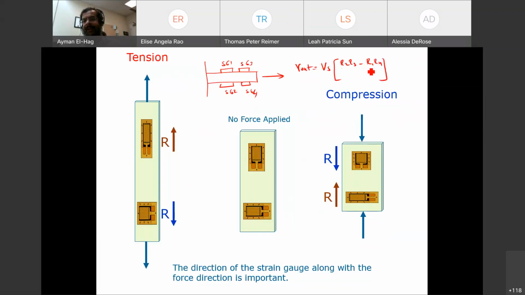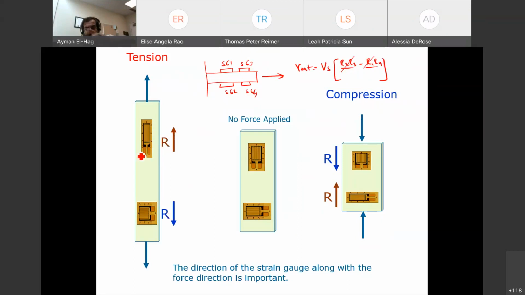So if the changes will be the same in all the resistors, this will be cancelled and you will get 0. And we don't want that. Why? Because we want, when we apply a force, I should get a voltage. Here, I will not be able to get a voltage. Okay, so how we can overcome this problem?